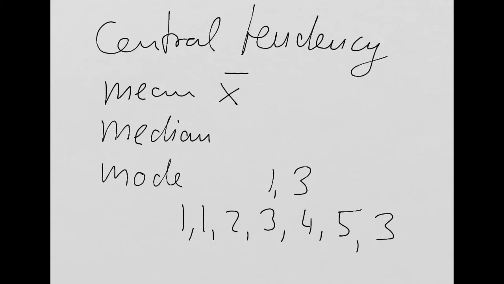But they don't tend to like that when there are two modes. Well, you like it or not, it's two modes. And we very often say that this is bimodal.